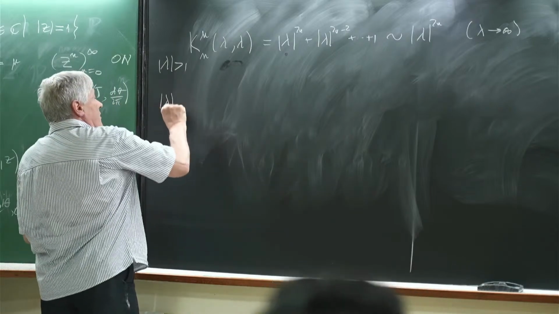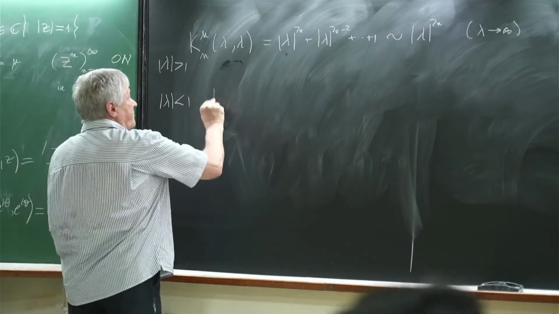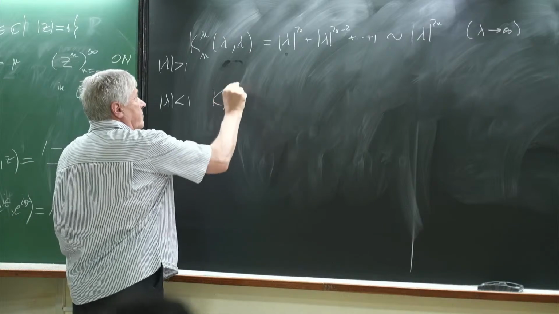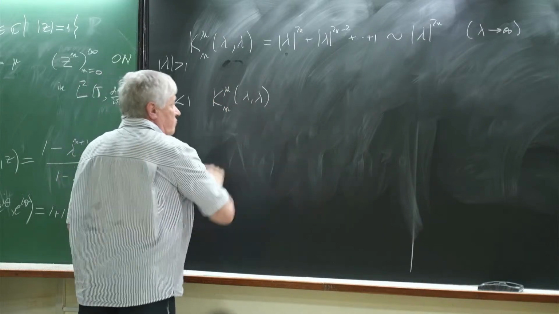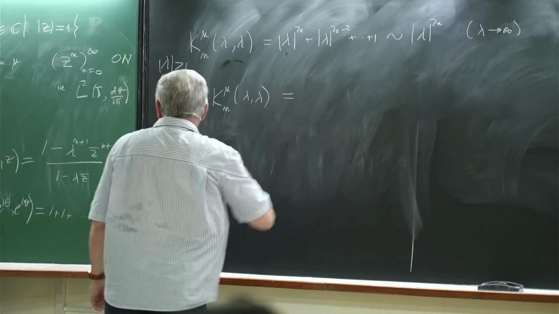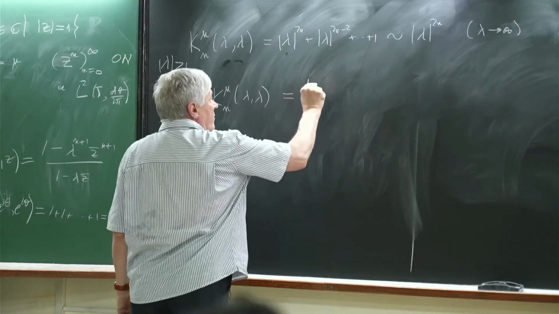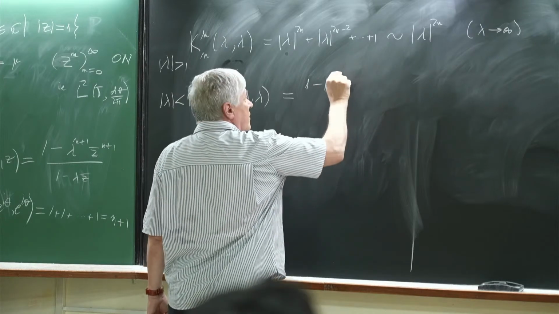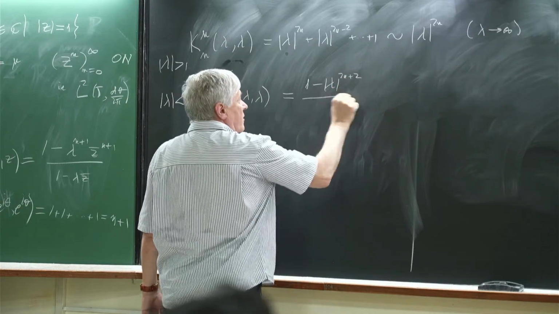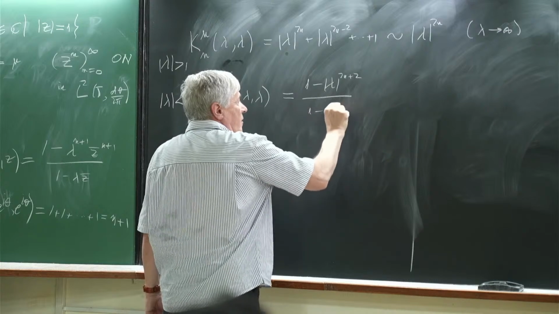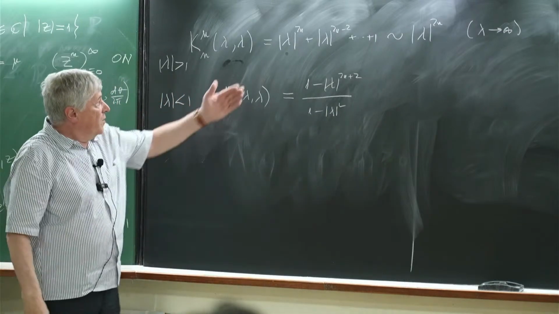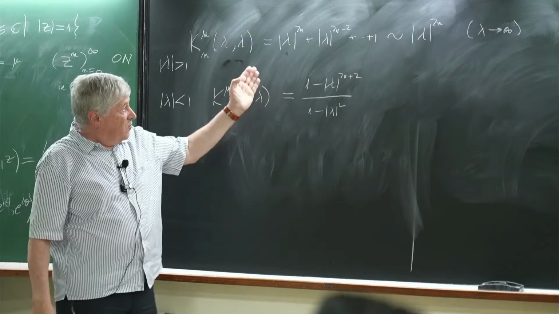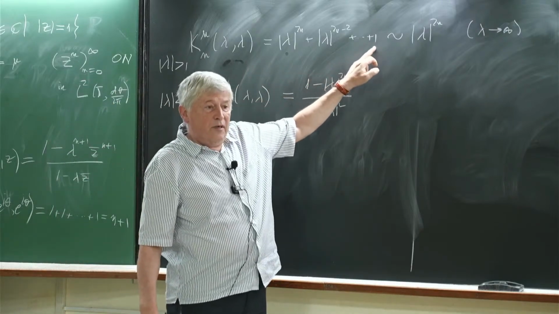If lambda is inside the disk, this is well known, it is a polynomial, which is written there, but now the dominant term is 1.